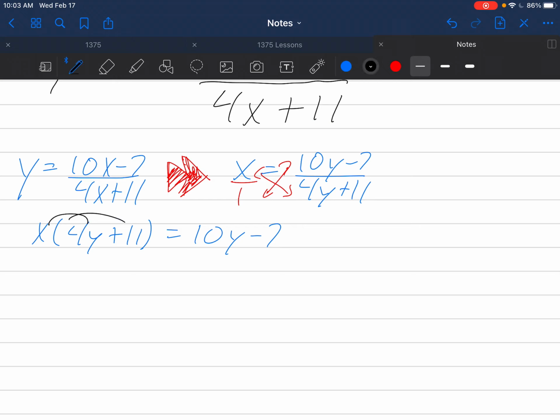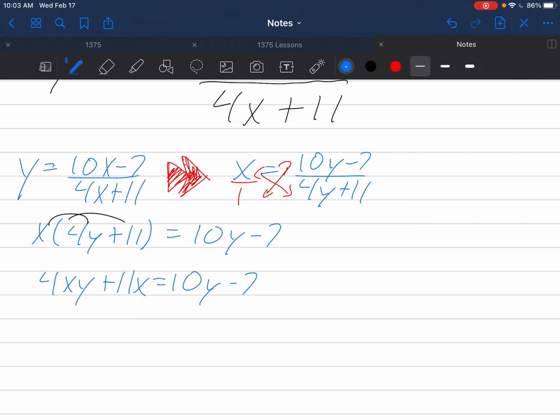Distribute the x once again. 4xy plus 11 equals 10y minus 7. Oop, that's 11x, sorry. 4xy plus 11x, because it got distributed.